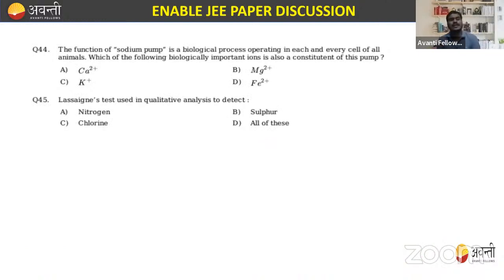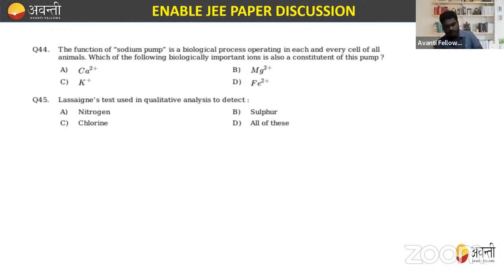Now, let's move to the next question. The function of the sodium pump is a biological process operating in each and every cell of all animals. Which of the following biologically important ions is also a constituent of this process? Except sodium, you have to tell whether it is Ca2+, K+, Fe2+ or Mg2+.